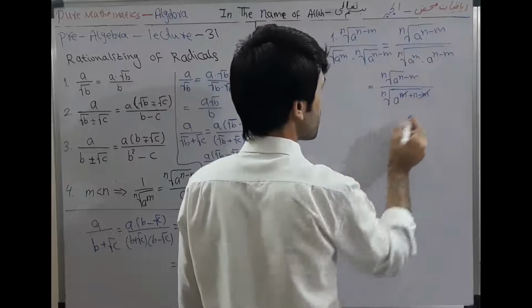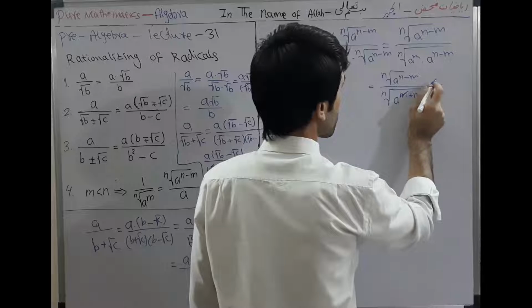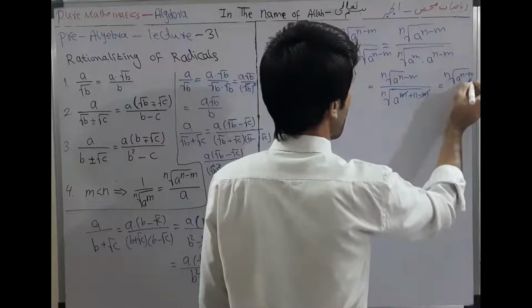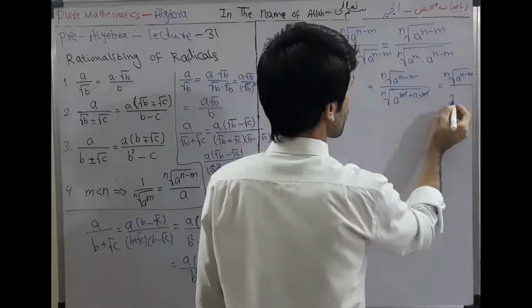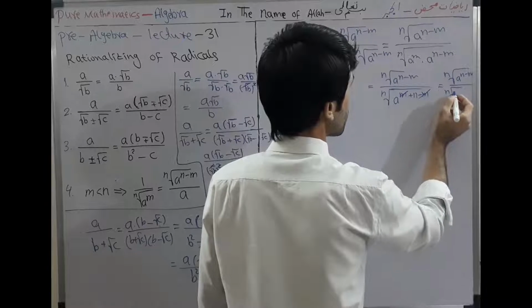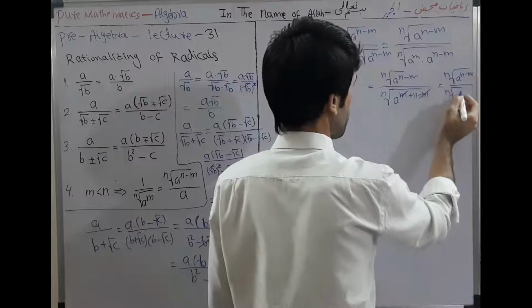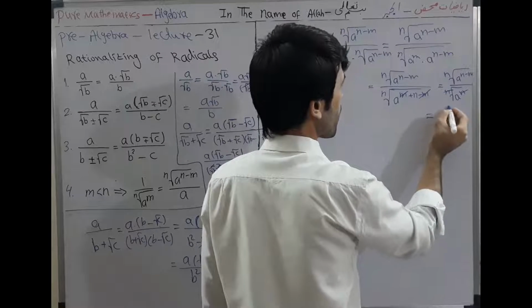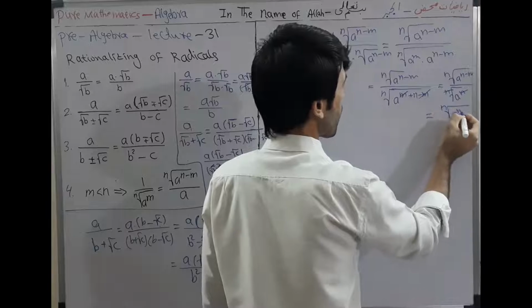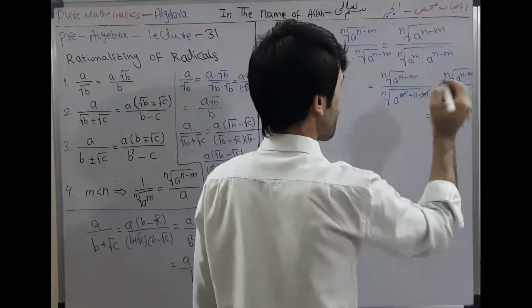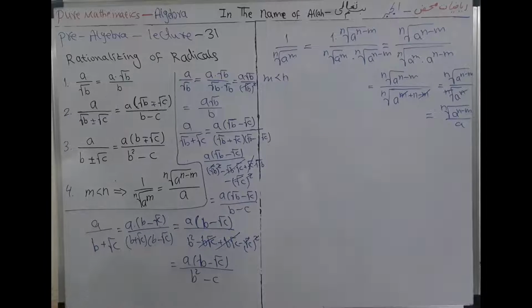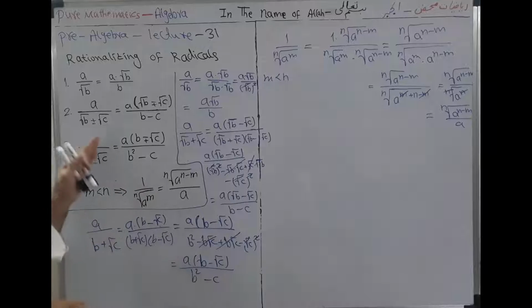These two cancel, then we get the nth root of a to the power n minus m over the nth root of a to the power n. These two also cancel, then we get the nth root of a to the power n minus m over a. It is the result which we got here. We wrote it already here. This was the explanation of this rule.